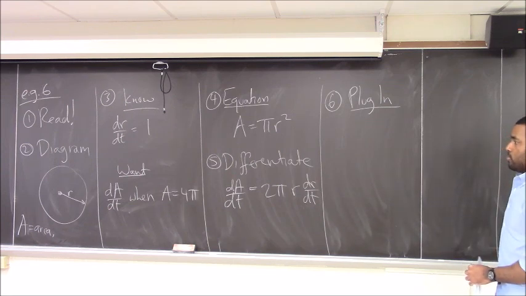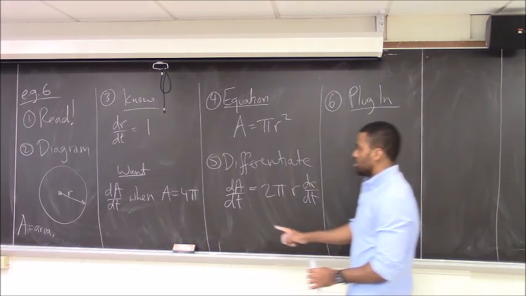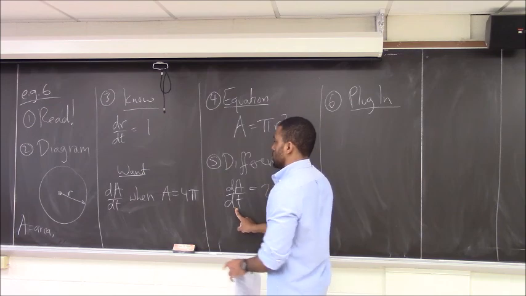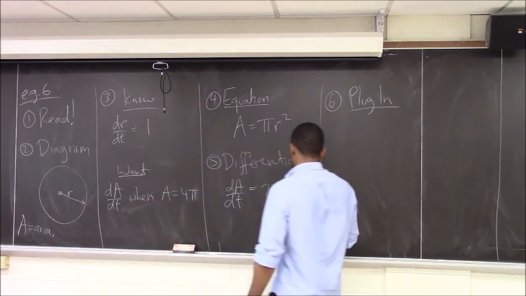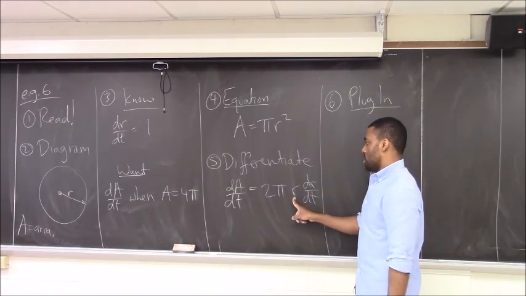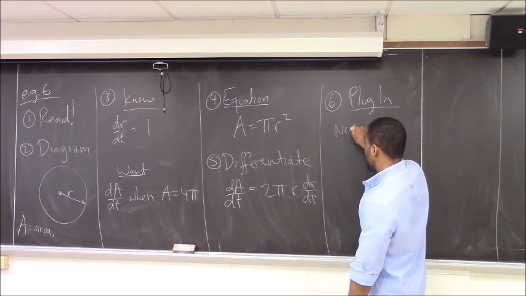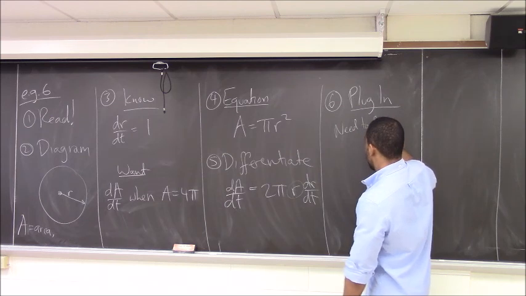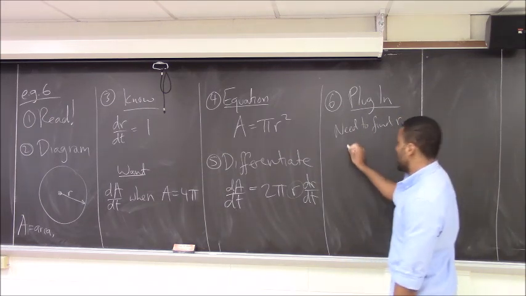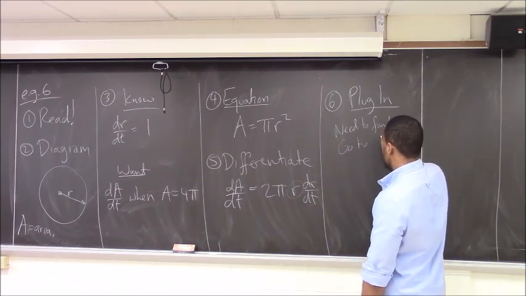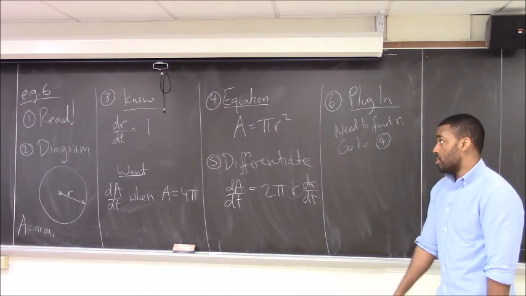So what would we plug in here? Do we know dA/dt? No. That's what we want to find. Do we know r? No. We don't know r. So we realize here we need to find r. And so the idea is to go back to step 4 to find r.